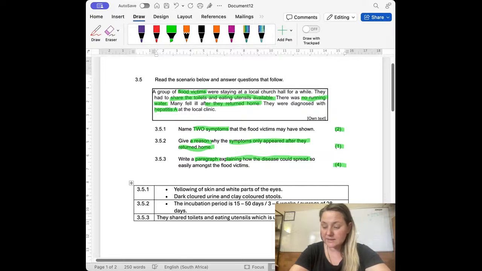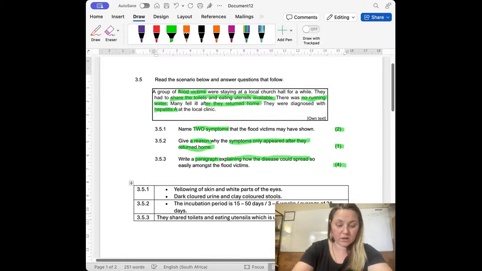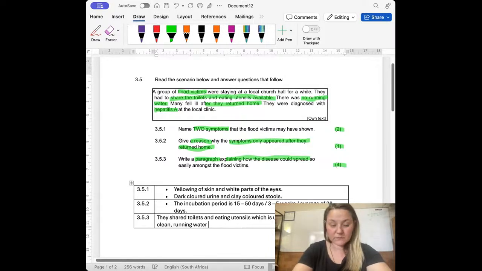So I can see that there was no clean running water to wash their hands or utensils. Right. Then I can also see there they were diagnosed with hepatitis A at the local clinic.